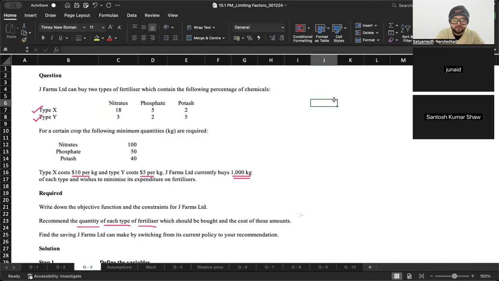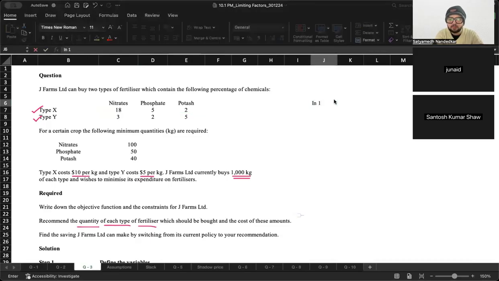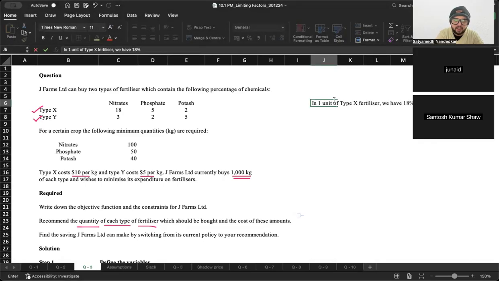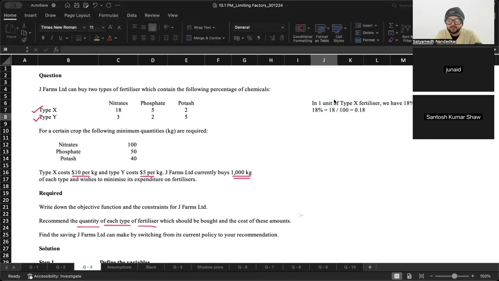Okay. So in 1 unit, let's not call it kg for now, in 1 unit of type X fertilizer, we have 18% nitrate. 18% is basically 18 upon 100, correct? Which is also the same as 0.18. And so in 1 unit of fertilizer X, we have 18% nitrate.